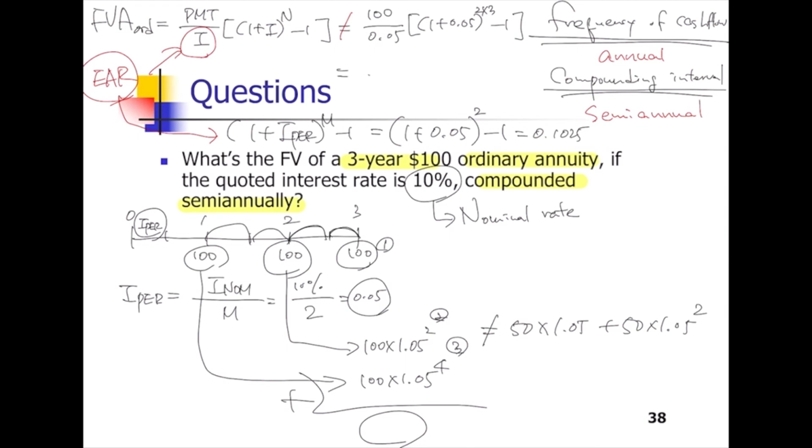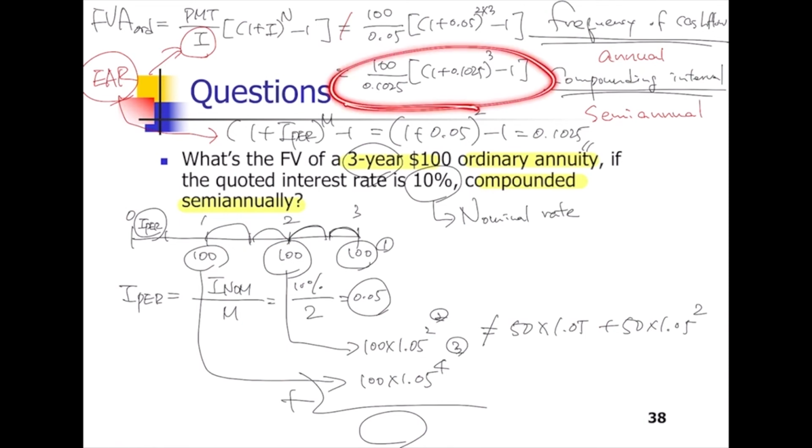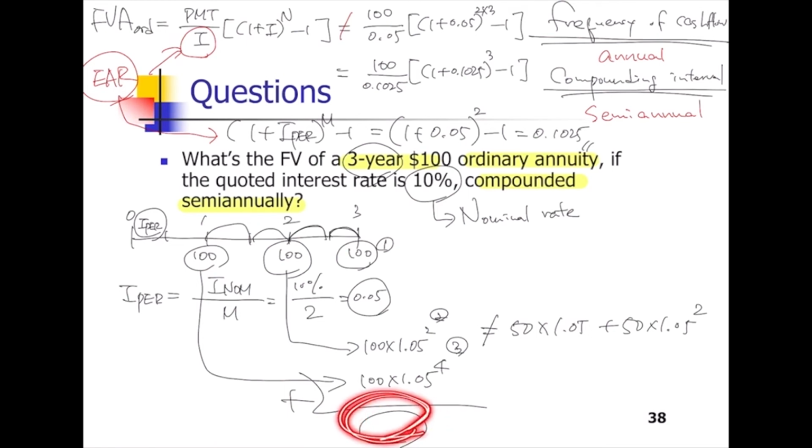So the payment is 100, the I is EAR, and what is n here? EAR is an annual concept, right? So we have 3 years, so the power of 3 minus 1. That is the answer. You get the same number from this calculation as when you use the period rate, right? So you have the same number here and here.